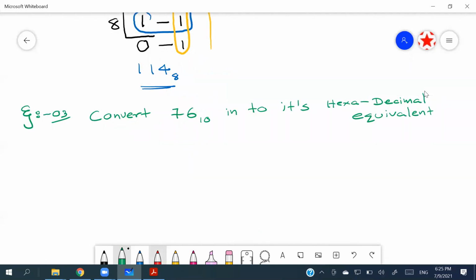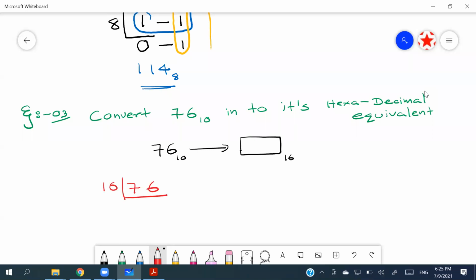So we know the drill. What we are asked to do is convert the 76 in decimal into hexadecimal. 76 is taken. We are dividing this by 16.